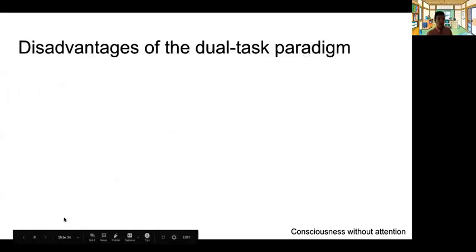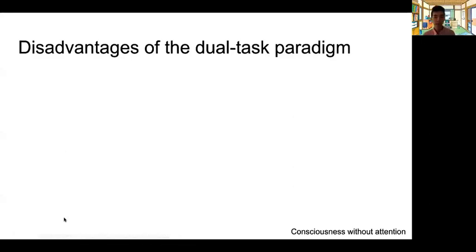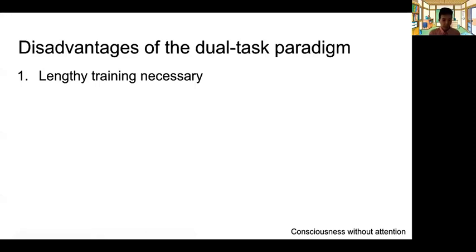Okay, so now the disadvantages of the dual task paradigm. First of all, you might imagine that doing two things at the same time requires some kind of training. And in fact, it is the case. In the lab, if you ask people to do it, some people can do it and some cannot.